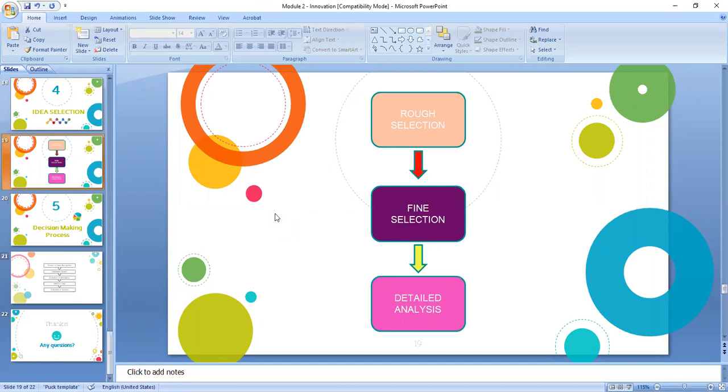But more likely, the idea that will go through the fine selection process will come from the A ideas. So the first 3 that you have probably thought of would answer the needs of your market, or present something new to the market that the customer hasn't thought of in the first place, but with something acceptable for them.